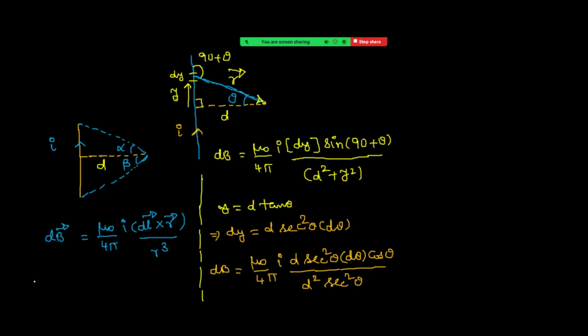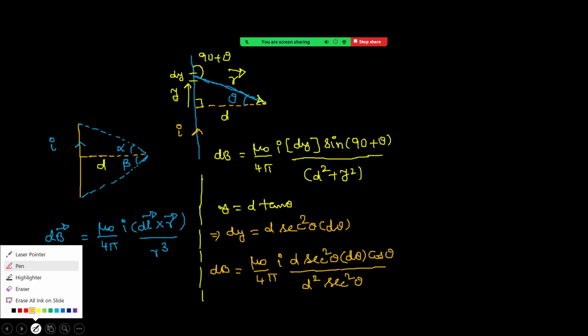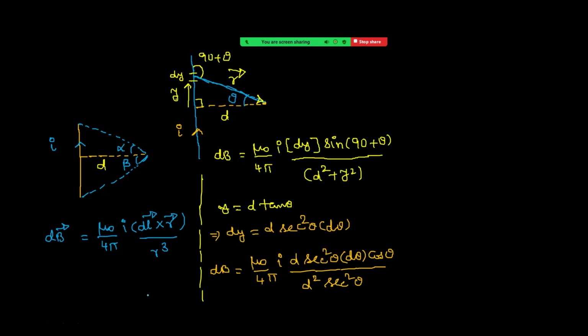Now see the calculation part. d square secant square, secant square gets cancelled. Now see the remaining.